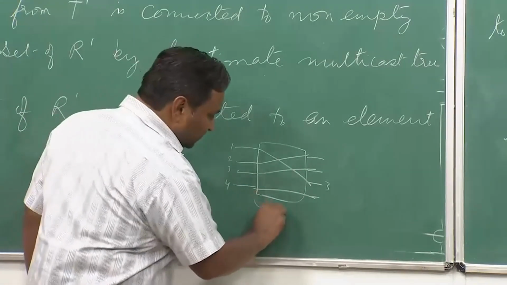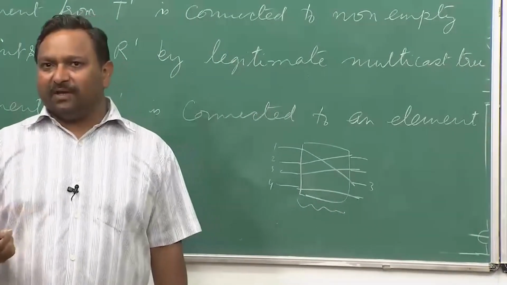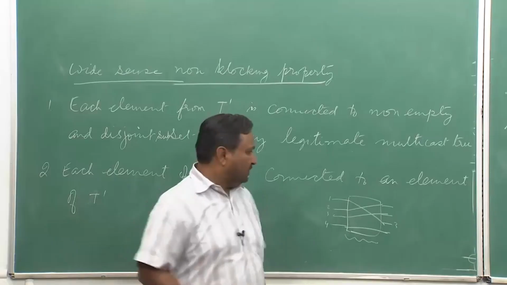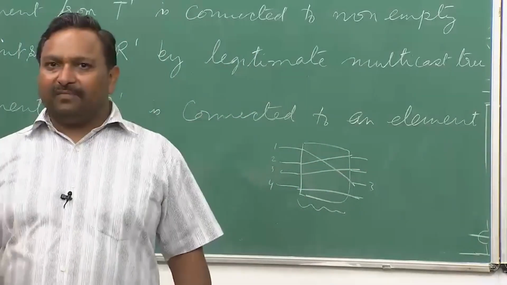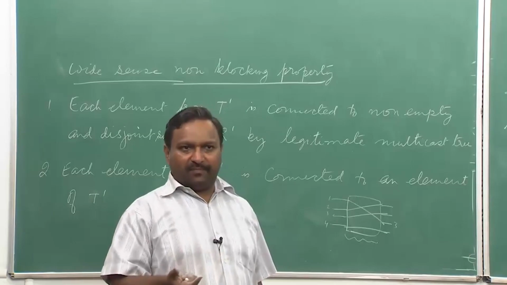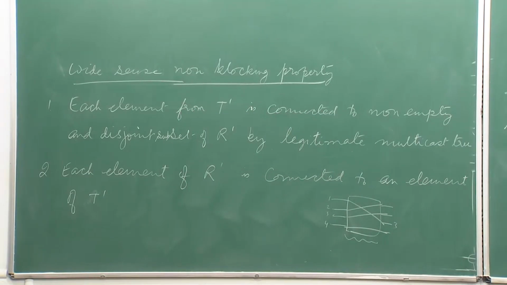This internally in the switch can be done in more than one possible way. We call it a state of the switch. So, for this input to output map there can be multiple possible states and that is a connection pattern. So, I will not be using all possible states.